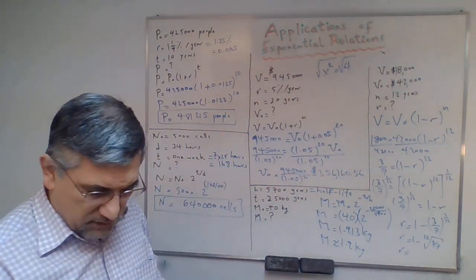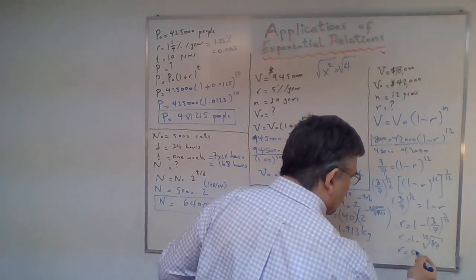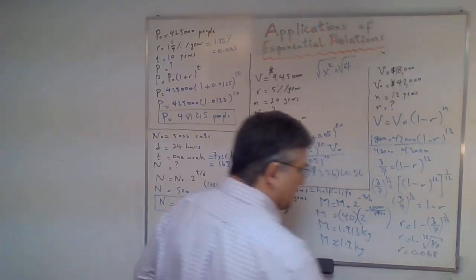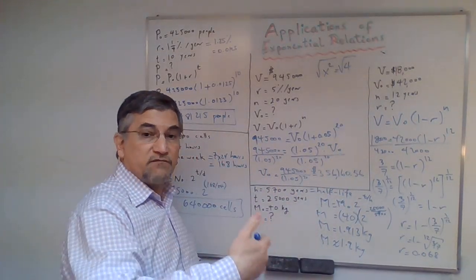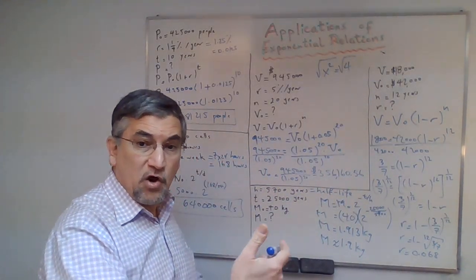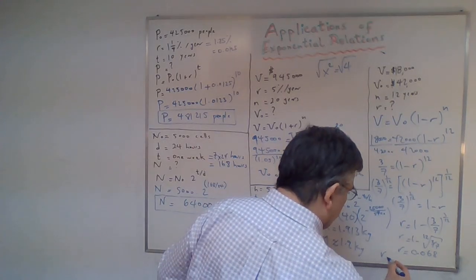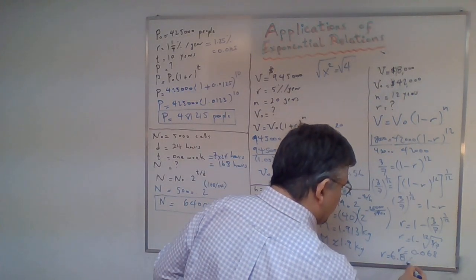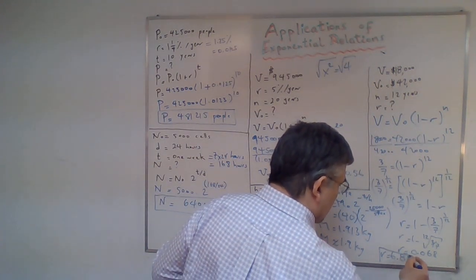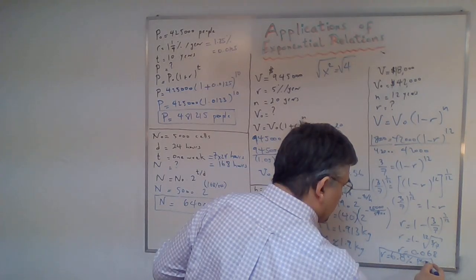Using the calculator, the answer is 0.068 as a decimal. Converted into a percent by multiplying by 100, the answer becomes 6.8%. So that's per year.